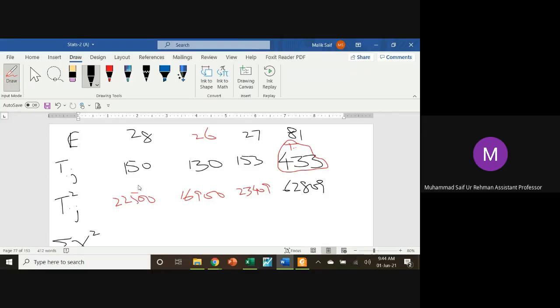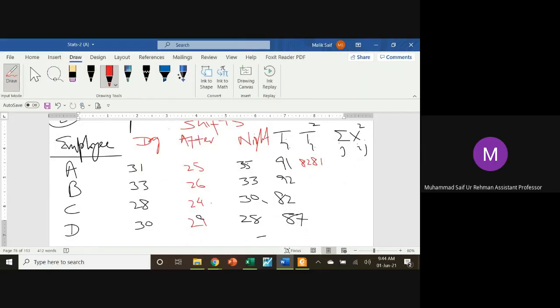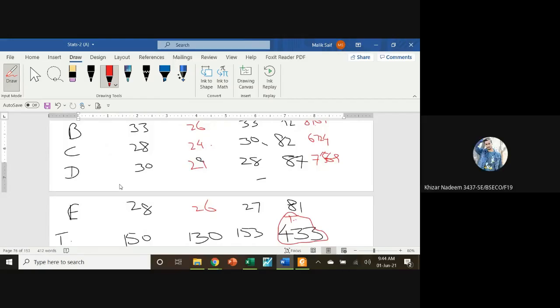And now come over here. Ti dot square. So first value was this 8281. Then take square of 92: 8464. The next value is 82, square for that is 6724. 87 square is 7569. And square of 81 is 6561.